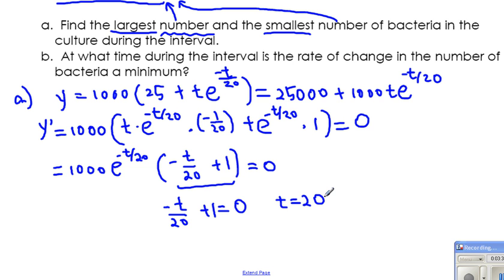Now, t being equal to 20 is one critical value. In order for us to calculate the largest or smallest, we have to check not only the critical point but also endpoints. So in fact, what we'll end up doing is this.